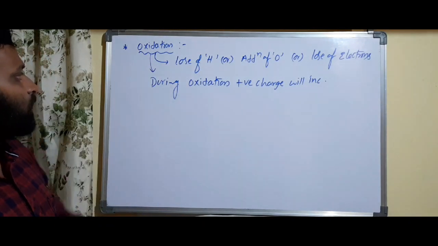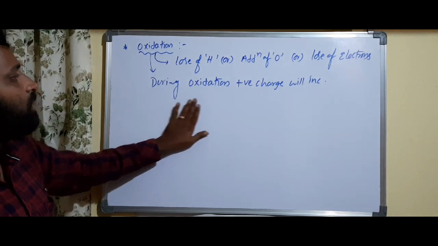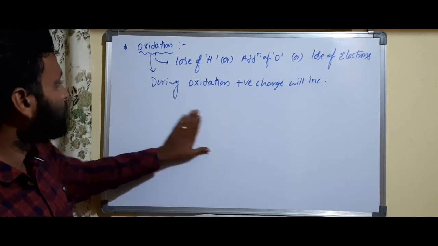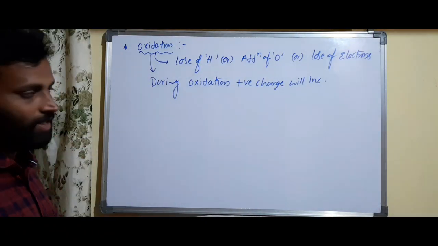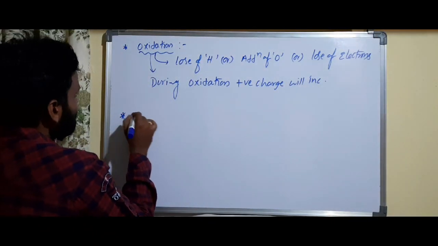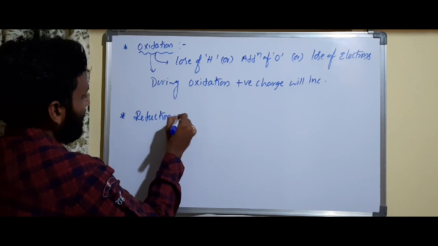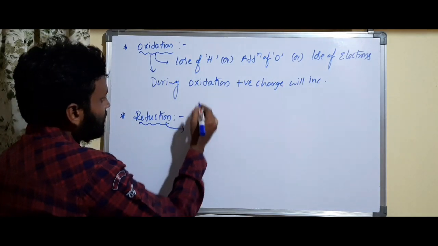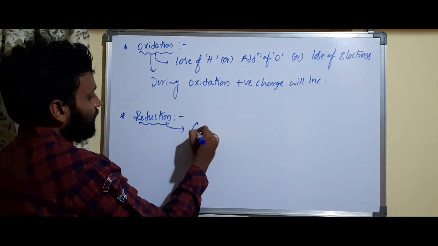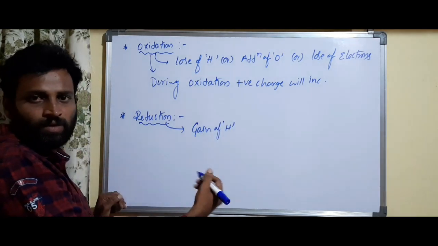So during oxidation, positive charge will increase. That is another thing I told you. Next, what is reduction now? This is also very important for us. Reduction is the reverse.